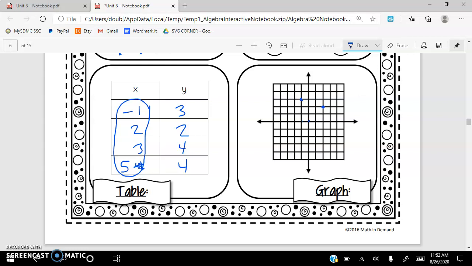So I go to my origin, I go over to the right 3 and up 4. Okay, and then my last one I have 5, 4. So I go to the right 5 and I'm up 4.